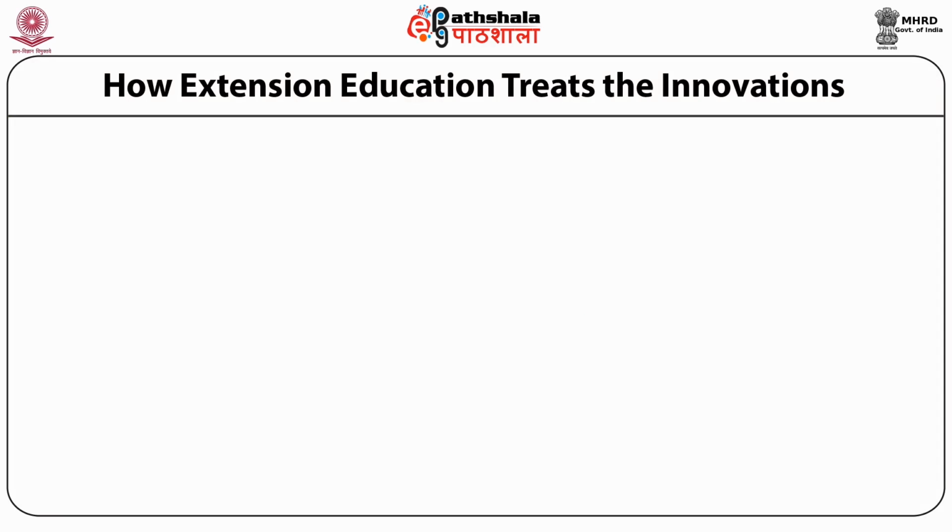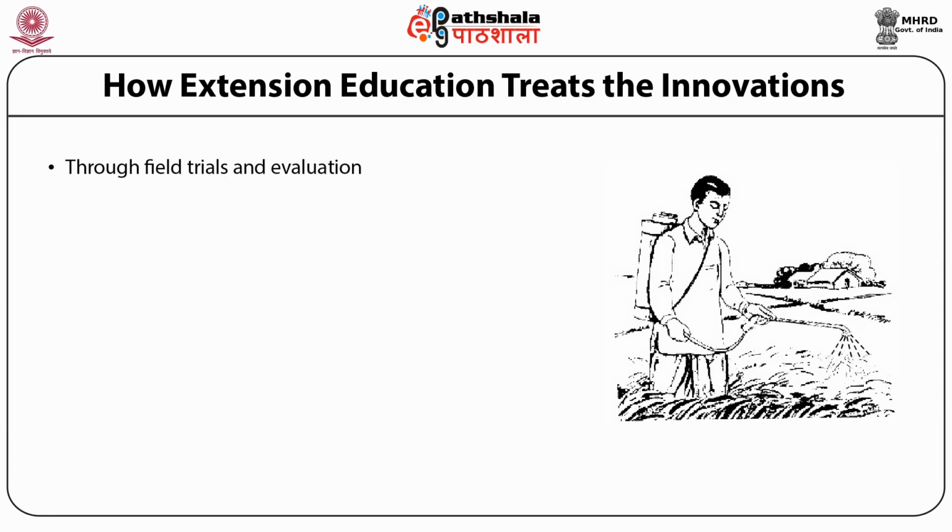There are different ways. The first way that we are going to discuss is through field trials and evaluation. The technology developed through the process of research, which is promising of producing encouraging results, needs certain treatment before it is disseminated among the large masses.